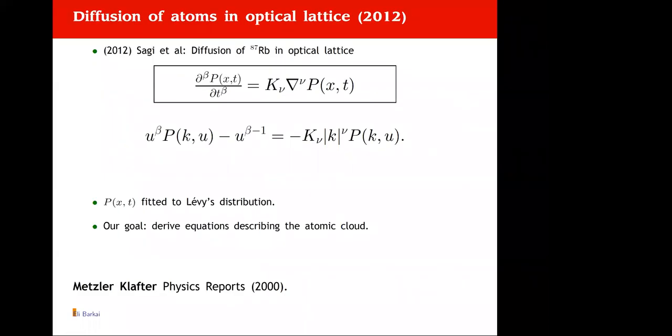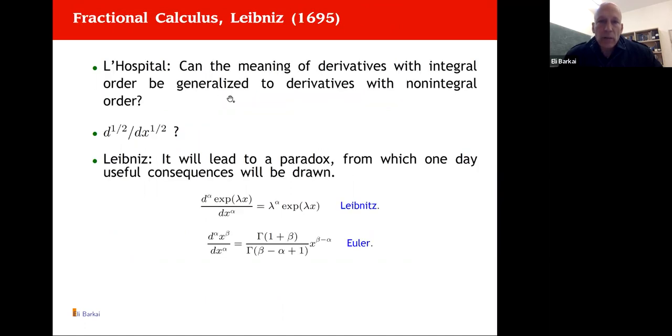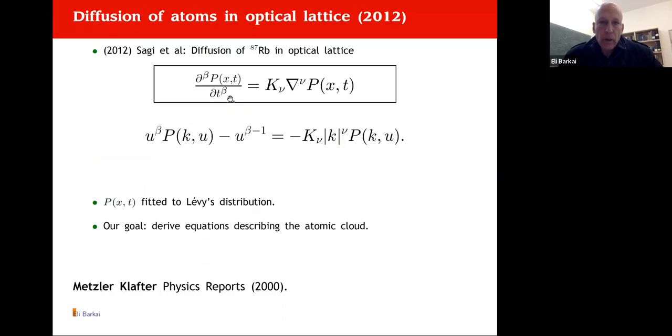If we just move forward without going into the whole history, I want to point out an experimental paper by the group of Nir Davidson from the Weizmann in 2012. They analyzed some spreading of particles that I'll soon show. And they claim, based on their experiment, that the proper way to describe this experiment is with this fractional time-space diffusion equation.